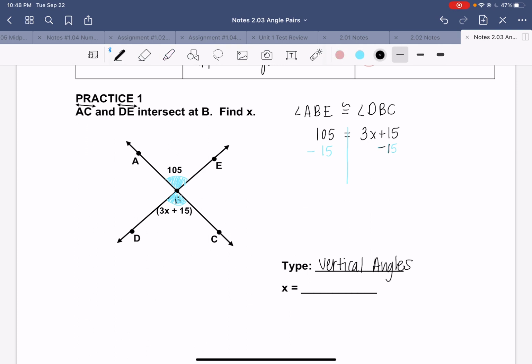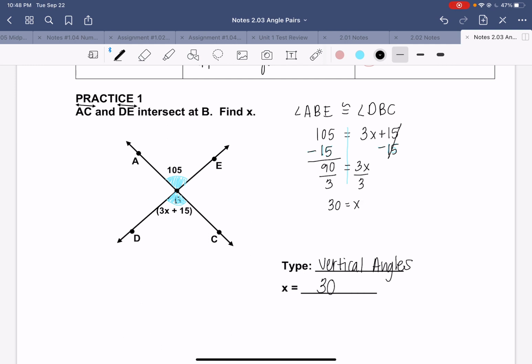So 105 minus 15, so I'm left with 3x. Always your last step is to divide by the coefficient, the 3. So 30 equals x.